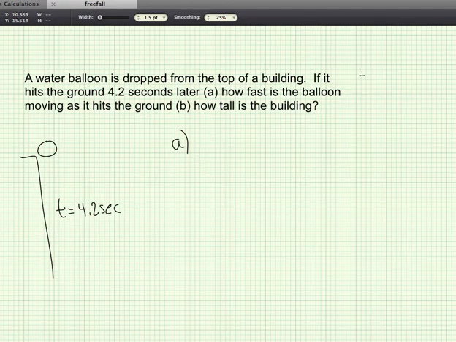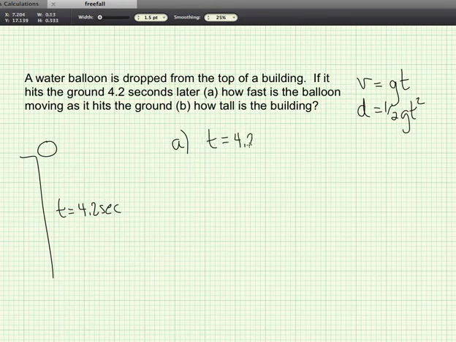We have two equations. We have the equation for the velocity, which is velocity equals g times t, and we have the equation for distance, which is 1/2 gt squared. Well, I know that the time is 4.2 seconds, and I'm looking for how fast the balloon is moving, so I'm looking for velocity.